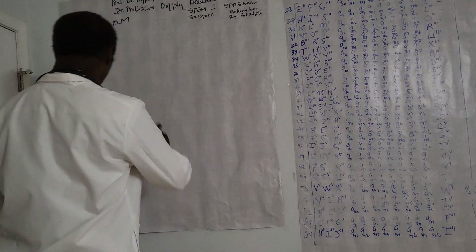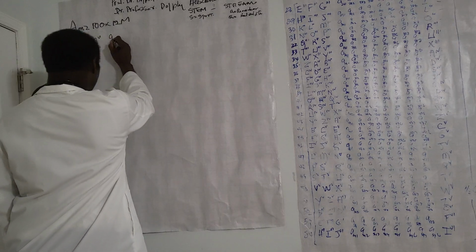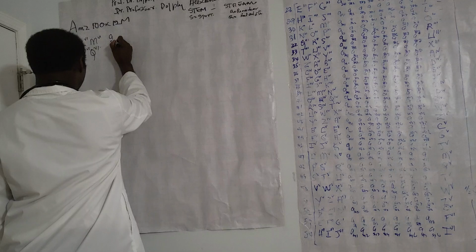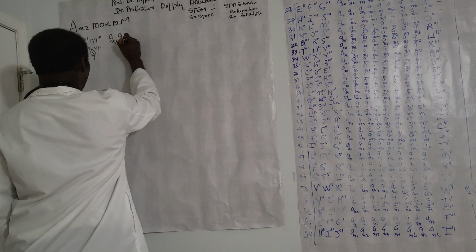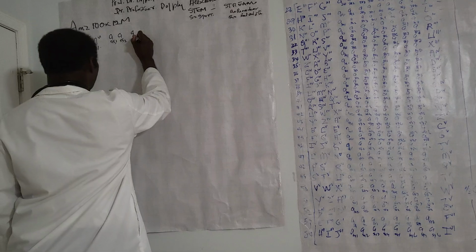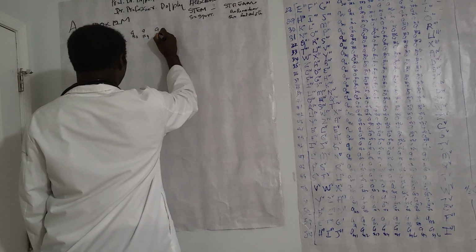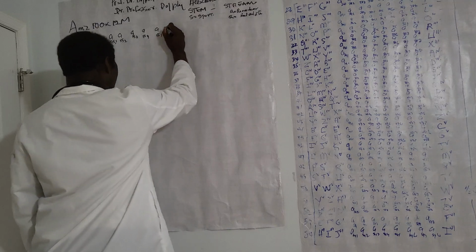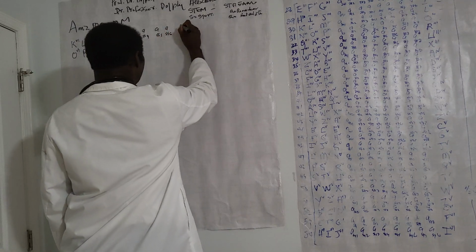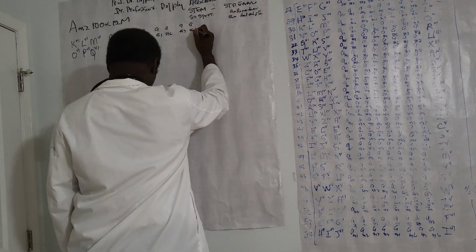And then here we have now A 55-1, A 55-2, A 55-3, A 55-4, A 55-5, A 55-6, A 55-7, and A 55-8.